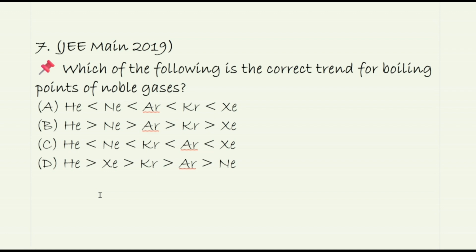So atomic size increases so that it leads to stronger London dispersion forces. So which makes xenon is having more boiling point, then comes krypton, then argon, neon and helium.